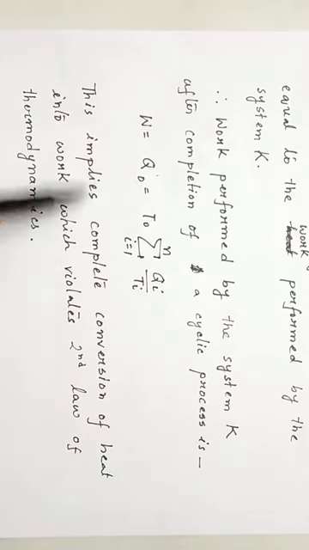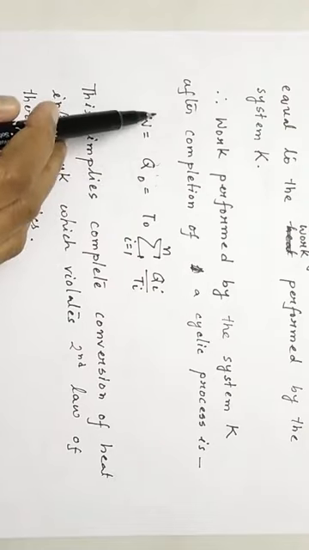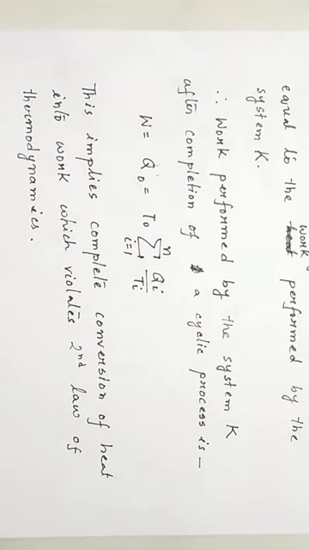So this relation implies only that effect, that is, Q0 is the amount of heat exchanged from a sole reservoir, and it completely converts it into an equivalent amount of work. But this violates the second law of thermodynamics.